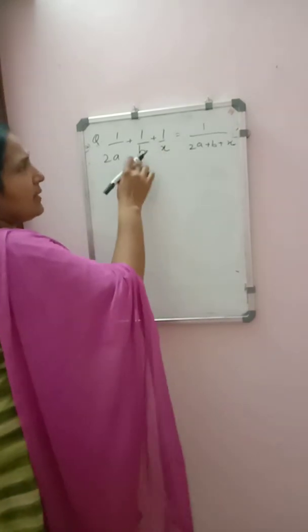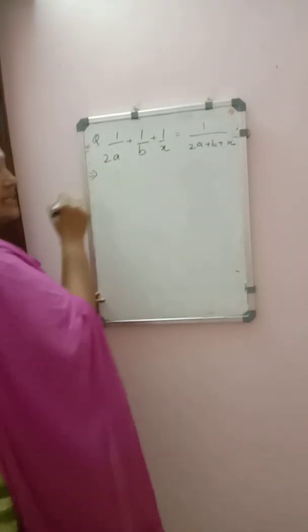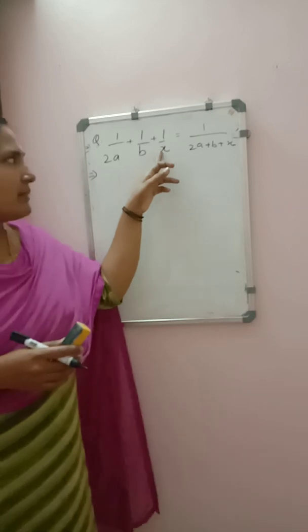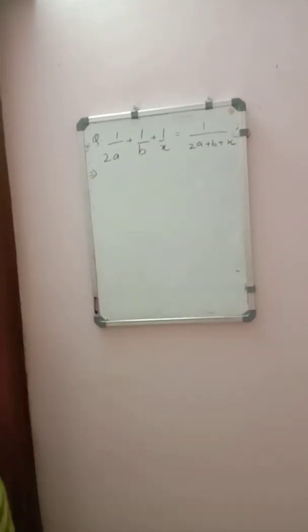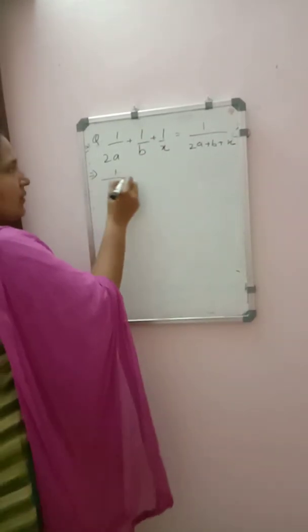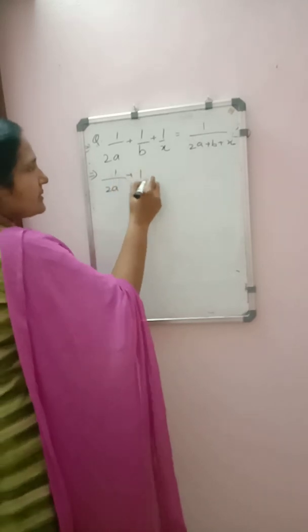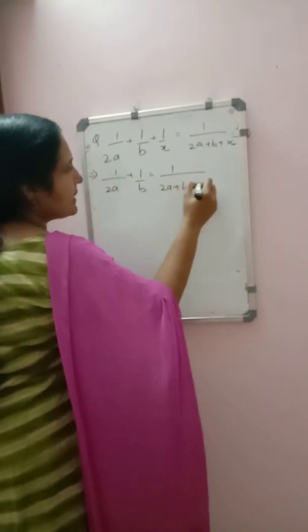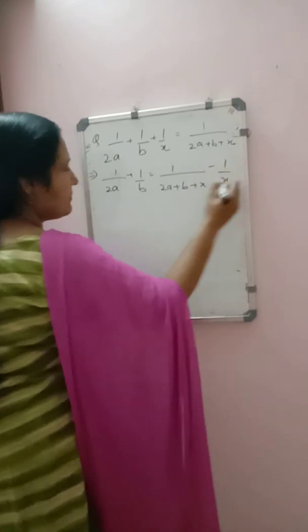So whenever these type of questions are there, here only x is the variable, a, b, everything is a constant. So in which term x is there, we'll take that term to one side. So 1 by x I am shifting to right hand side. 1 by 2a plus 1 by b is equal to 1 by 2a plus b plus x minus 1 by x.